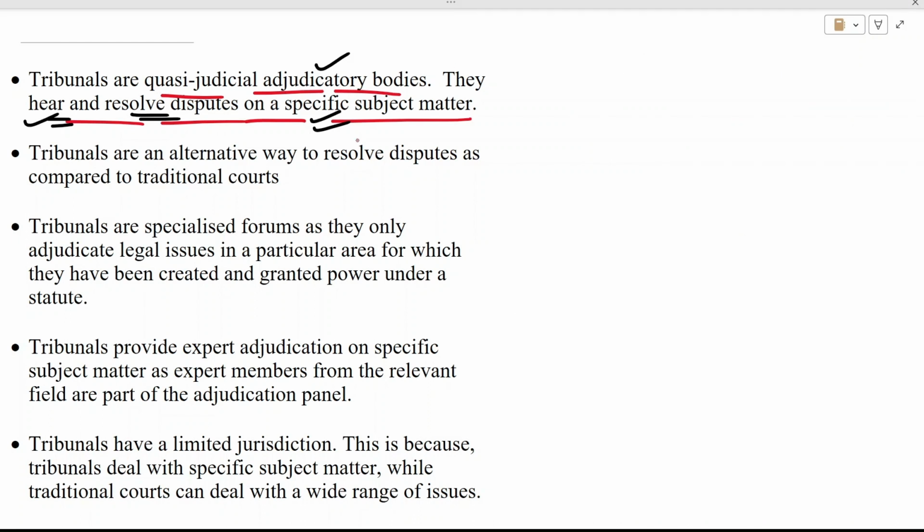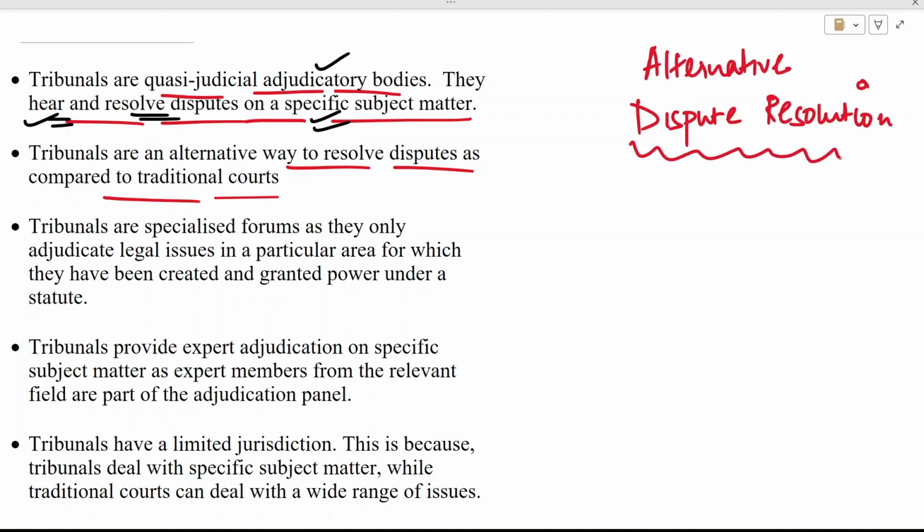Next, tribunals are an alternative way to resolve disputes as compared to traditional courts. The topic that we are talking about, our chapter, is on what? Alternative dispute resolution. So, alternative dispute resolution means an alternative way, some other way to resolve a dispute. Tribunals are also adjudicating disputes, resolving matters.